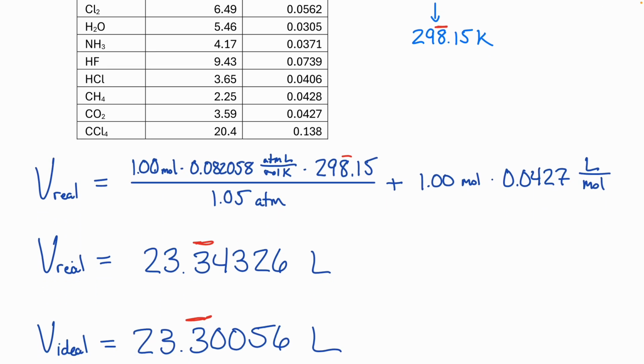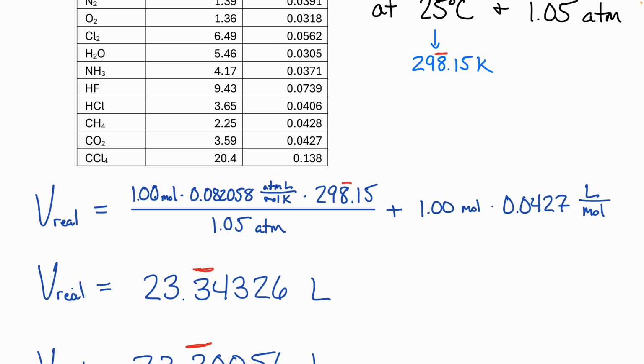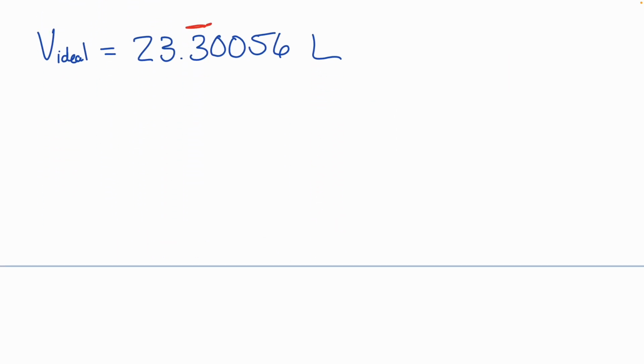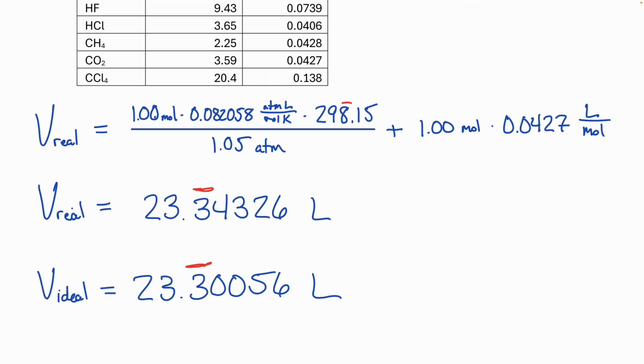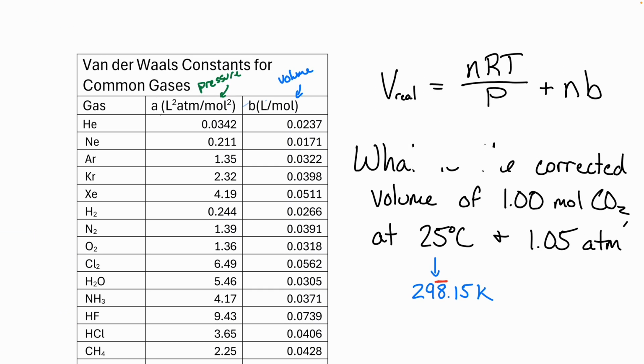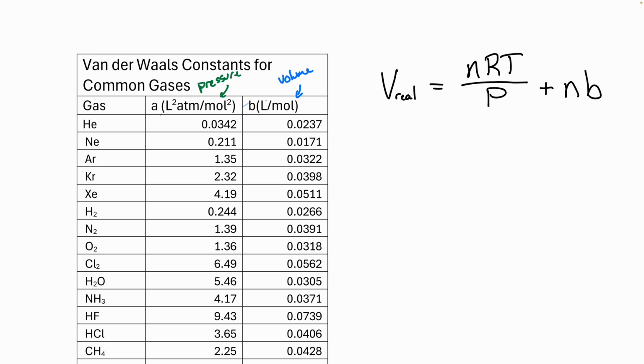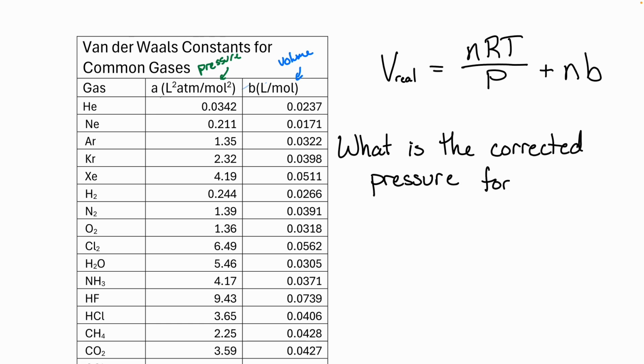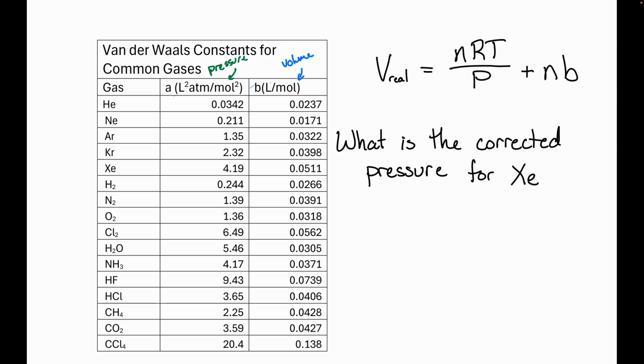So then let's do another one, and we'll just crank up how much gas is in there, all right? We'll use our pressure formula here. I'll just rewrite it here. What is the corrected pressure for xenon?